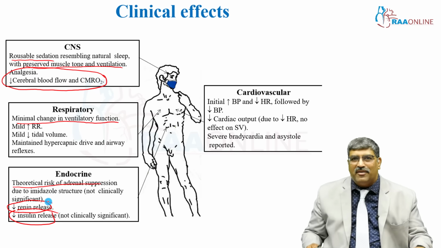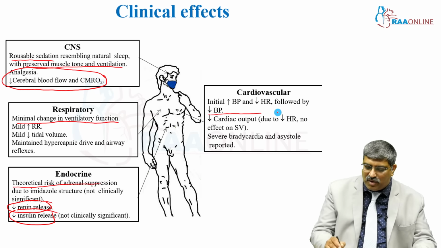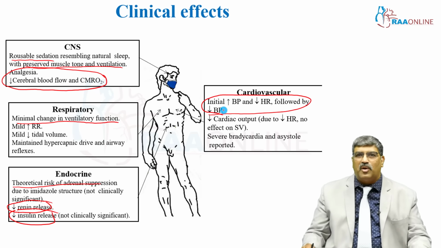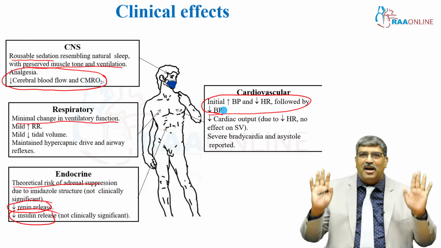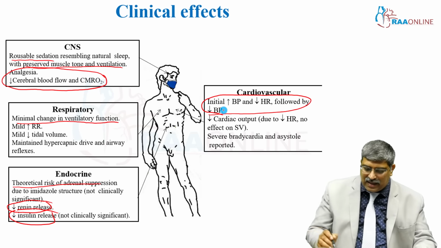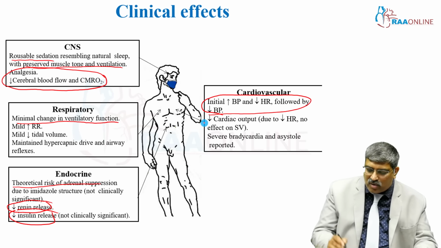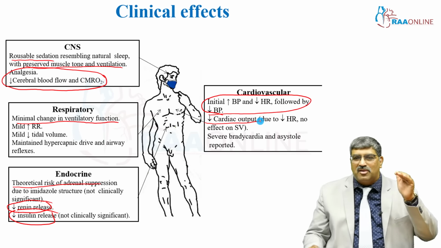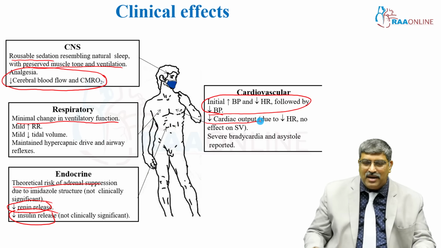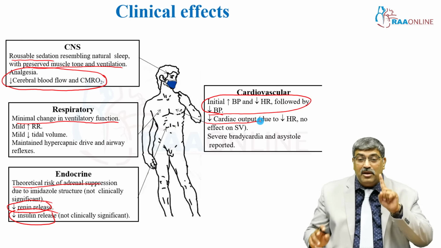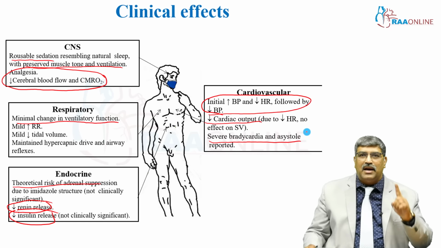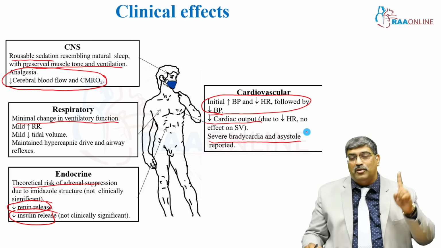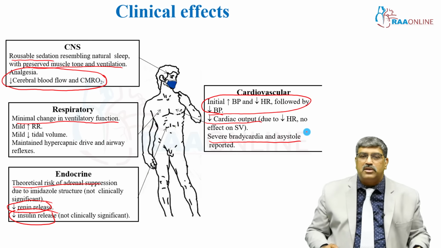With respect to cardiovascular system, as I said earlier, there is going to be a biphasic response, but usually what the textbook says is hypotension and bradycardia, and your cardiac output may be decreased because of decreased heart rate, but it does not affect the stroke volume. In some cases, you will have severe bradycardia and asystole, particularly when used in very high concentration.